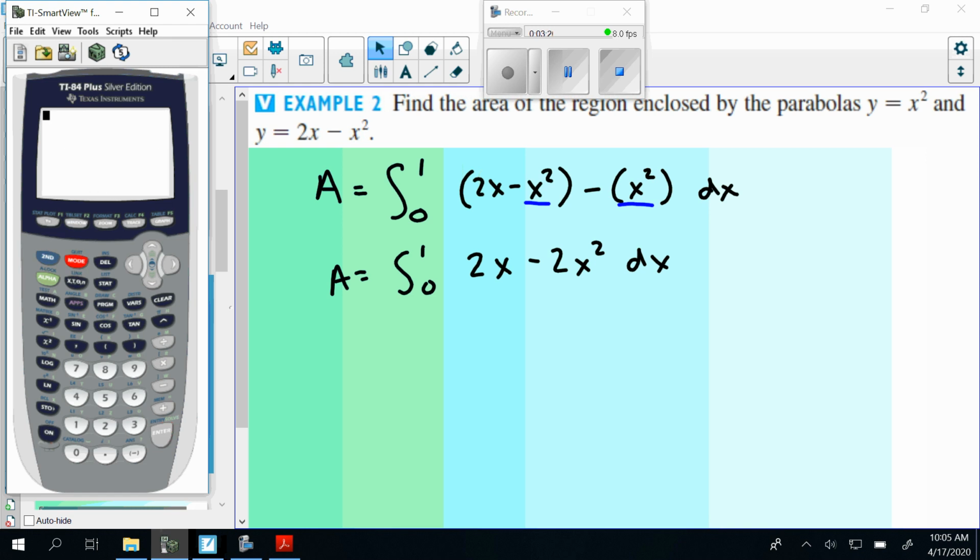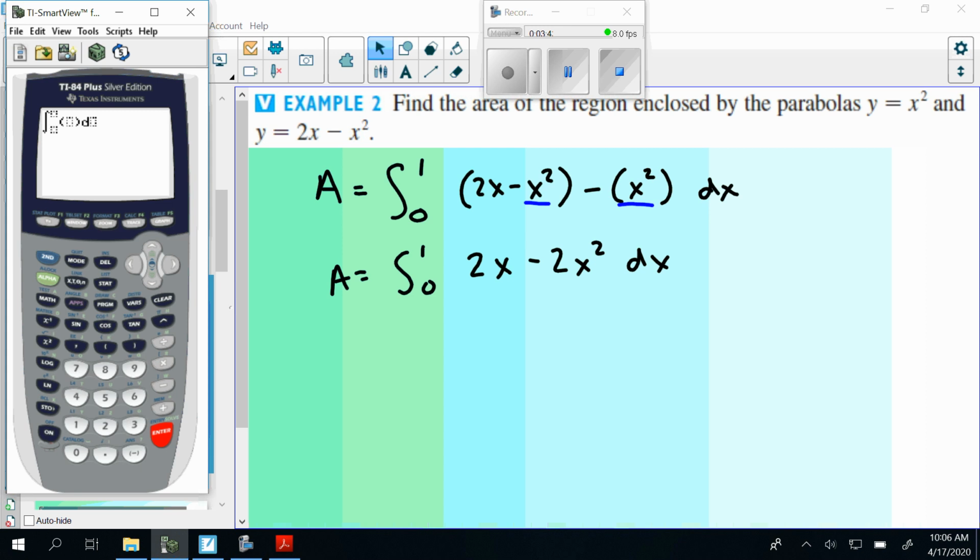So what you want to do is go back to your main screen. If you hit the math button on the left-hand side, go all the way down and find the one that says fnInt, INT standing for integral. If you select that one, it pops up like this.